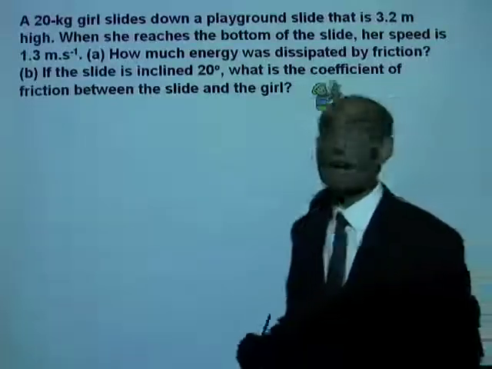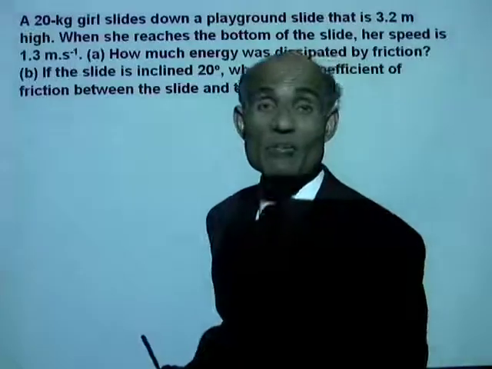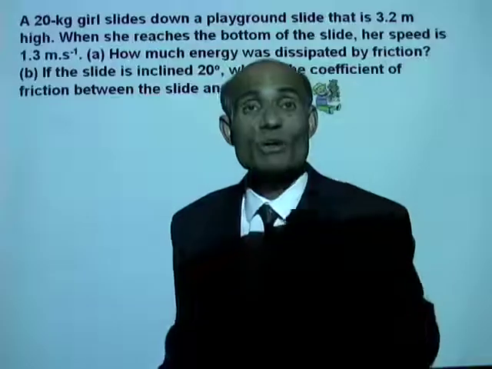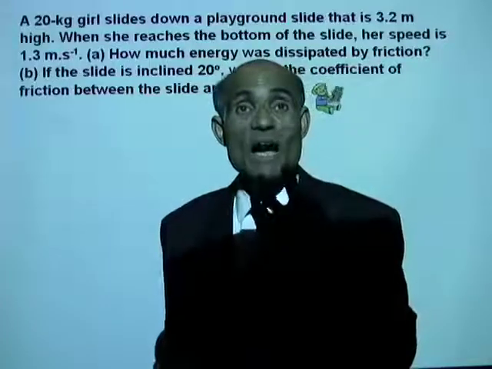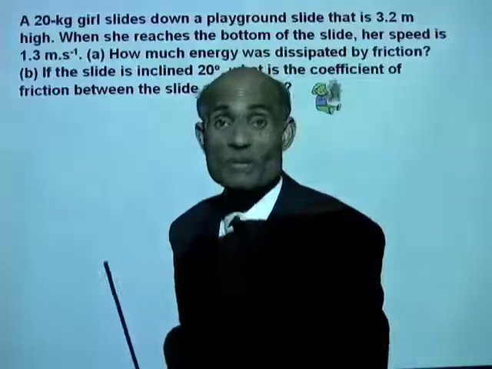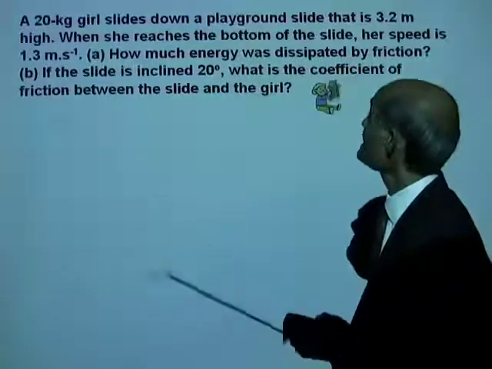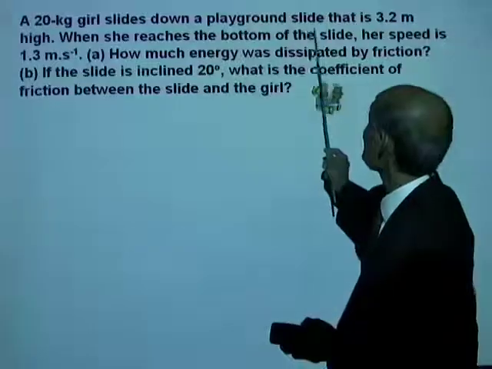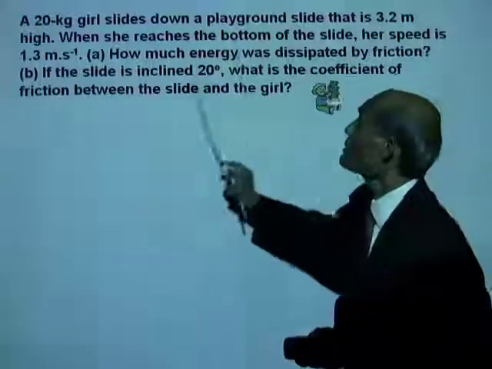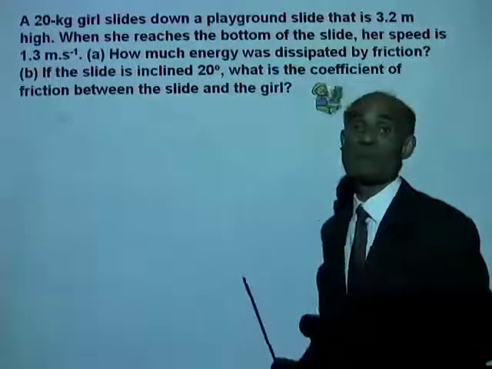Okay, let's now go back and do a problem that directly involves work, energy, and the work energy theorem. A 20 kilogram girl slides down a playground slide that is 3.2 meter high.